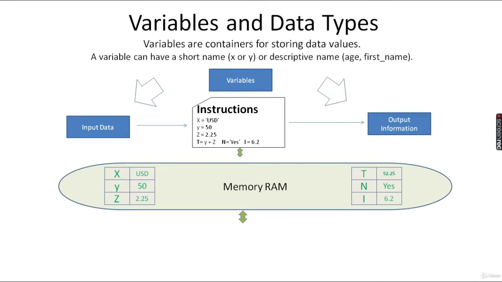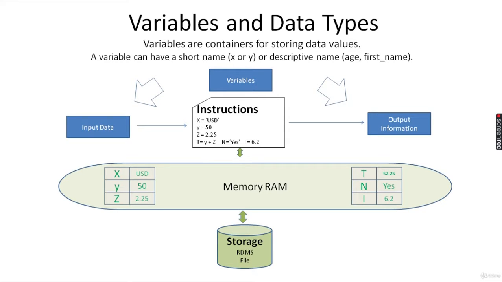After doing these operations during our program execution, we may store variables to storage, hard disks or permanent storage, like relational database management systems or text files or CSV files. We can use the relational database management system to hold the output information or even the input data.